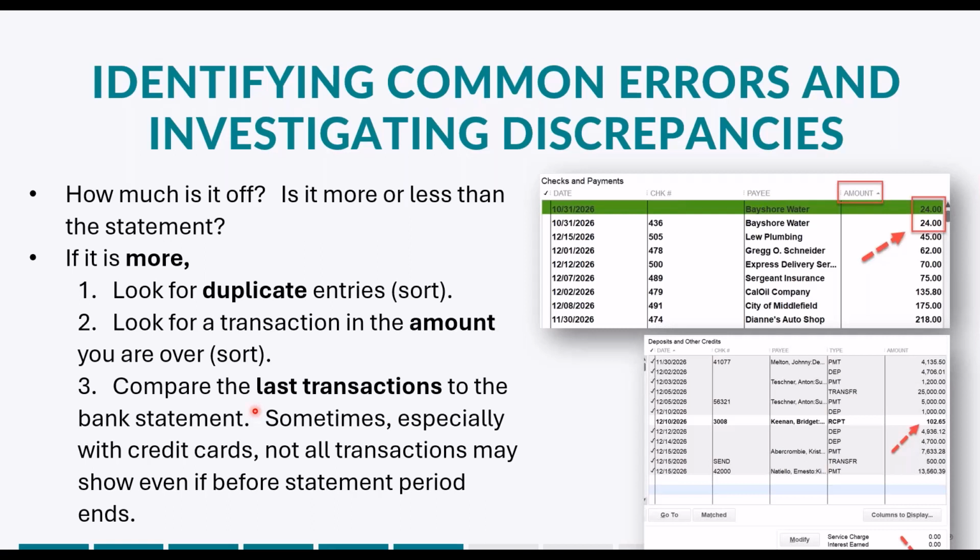Often what you will find is some of those last ones did not hit the statement. So look at that. If you do this first, you will eliminate having to start all over from the beginning. Okay. So you can see right here, for example, the difference is 102.65, and here's 102.65. So we are finding it.